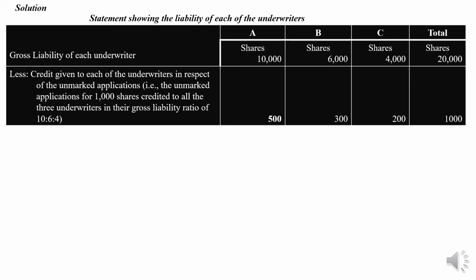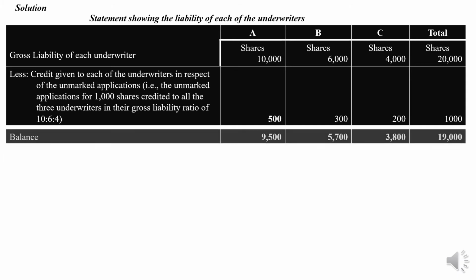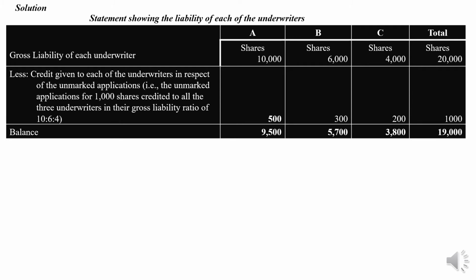There are 1,000 applications. They are to be distributed in the ratio 10,000 to 6,000 to 4,000. If you reduce it, it is 5 to 3 to 2. If you divide this 1,000 on the basis of their gross liability ratio, you get 500, 300 and 200, total 1,000. So we get a balance of 9,500, 5,700, 3,800 and 19,000.